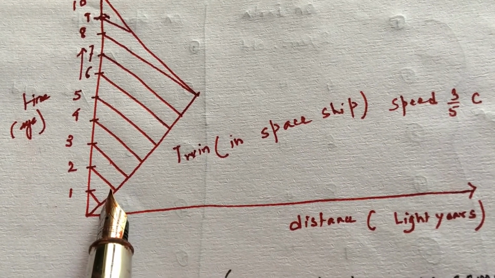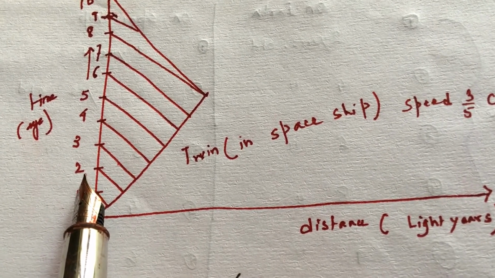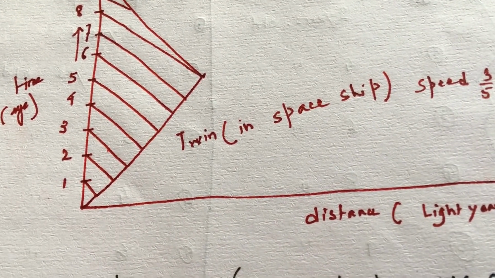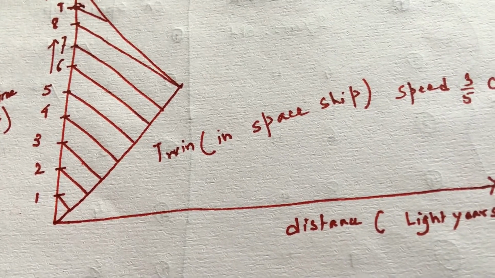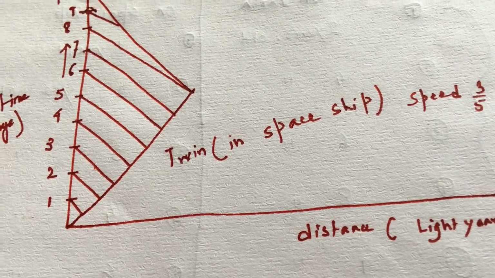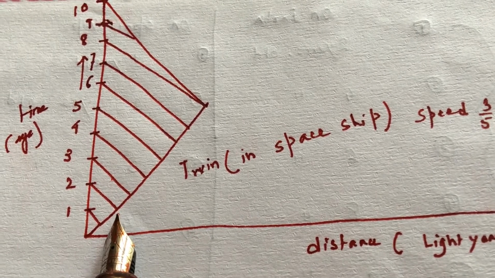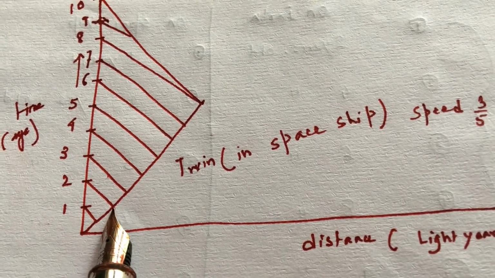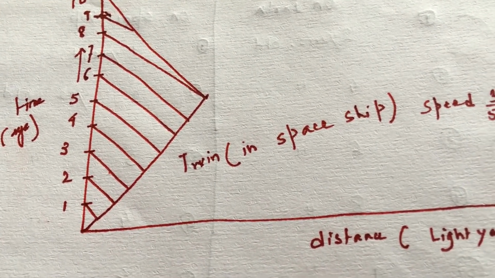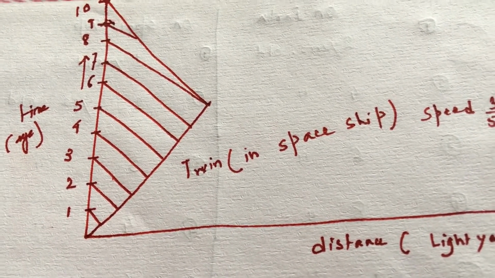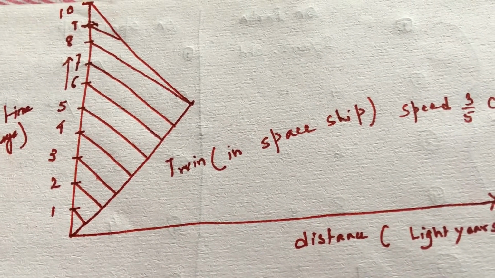sends a signal, it reaches the twin on Earth, but definitely that information needs some time to go. It is not like someone standing at the spaceship sends a signal and that signal instantaneously reaches this person on Earth. That is absolutely not possible. The signal must have some time to reach.